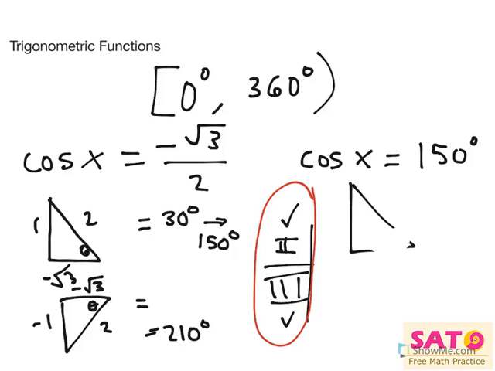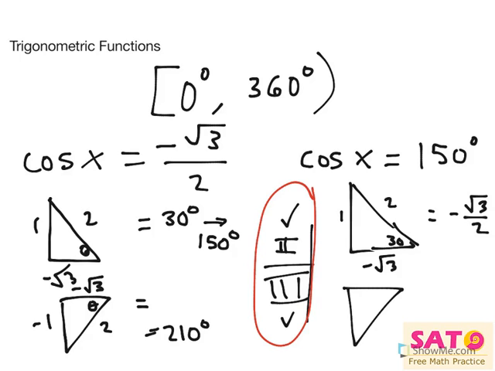So if we're looking at 30, we know this side is 1, and the cosine is 30, we can say 1, negative square root of 3, and 2, and we still get the same thing. Same thing for the upside down. If we know it's 30, then we can say here, negative 1, negative square root of 3, and 2 equals 210. Now let's go to tangents.